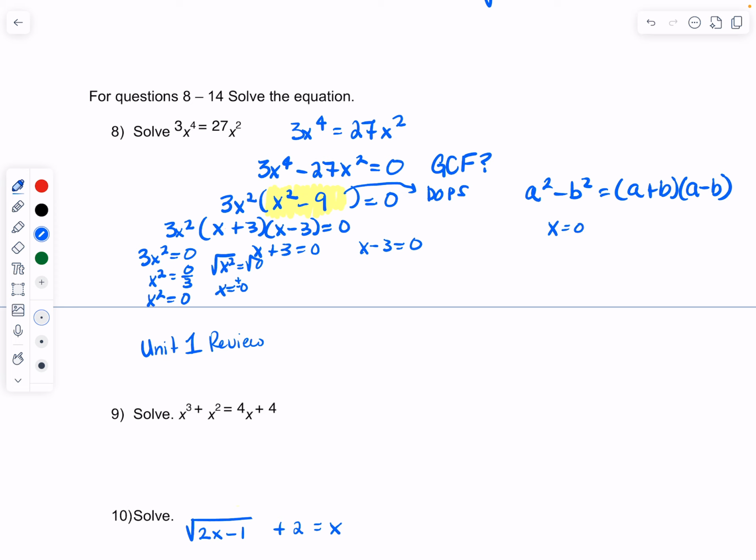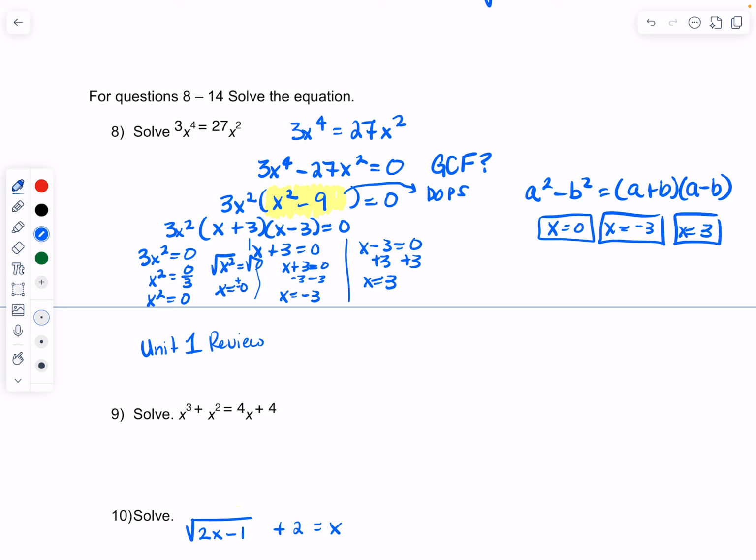That's one of my answers, so I'm going to go ahead and square that off. Now my second answer is x plus 3 equals 0. Subtract 3 from both sides, x equals negative 3. And finally, I have one more, x minus 3 equals 0, so I'm going to add 3 to both sides, x equals positive 3. So my answers are 0, negative 3, and 3.